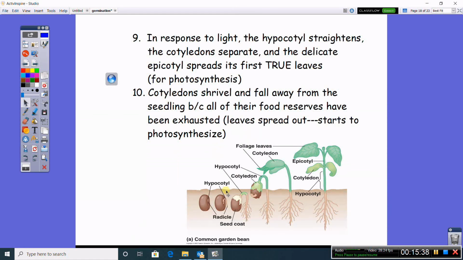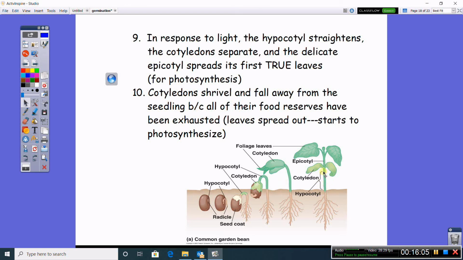All right, so this is what you're going to see in some of the videos I'll show you. There's your hypocotyl hook. Okay, the two halves, if this is like a bean plant, these are your cotyledons. The cotyledons are going to shrivel and fall off because all their food reserves have been exhausted. That little embryo has used up all the endosperm that's in the cotyledons, and so you're going to see the cotyledons fall off.